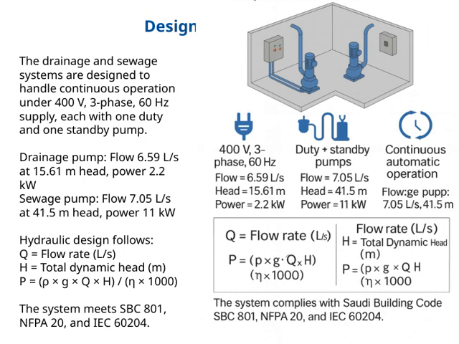Q represents the flow rate in liters per second, H is the total dynamic head in meters, and P, which is the power, is calculated using this formula involving the fluid's density, gravity, flow rate, head, efficiency, and a constant factor. It's also important to note that our system complies with several key standards, including SBC 801, NFPA 20, and IEC 60204.